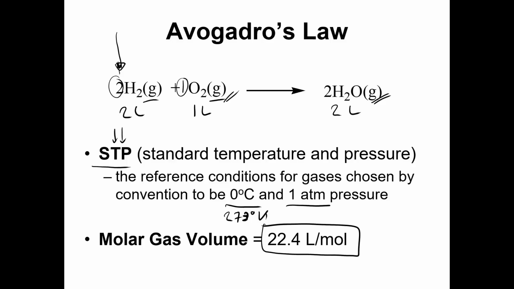Or if you would like to do this on a molar scale, you would then simply say, well, as long as we are at STP, if we have 44.8 liters, which would be at STP exactly 2 moles, that means we need 22.4 liters of oxygen. So that would be on a molar scale. So just so that you understand that, right?